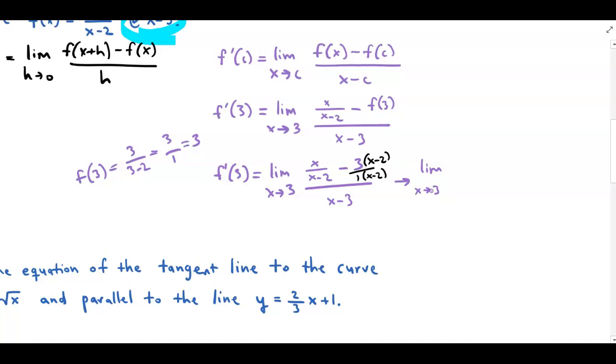Now I have a common denominator, right? It's x minus 2. On the top part I have x. Now I'm gonna take care of this negative 3 right away. Negative 3 times x and negative 3 times negative 2. So negative 3 times x is negative 3x, and negative 3 times negative 2 is positive 6.